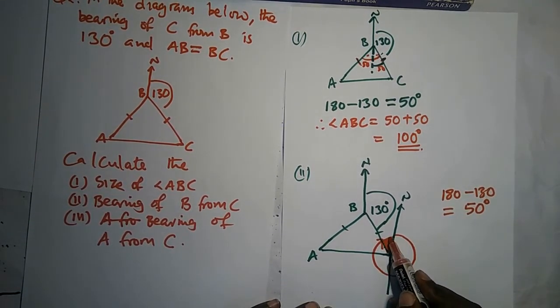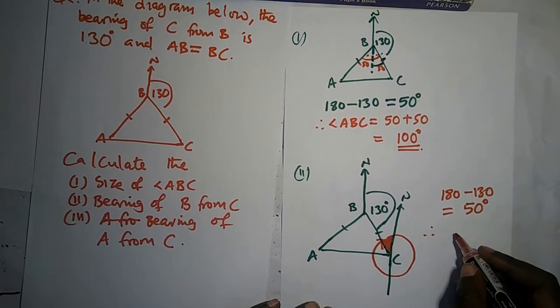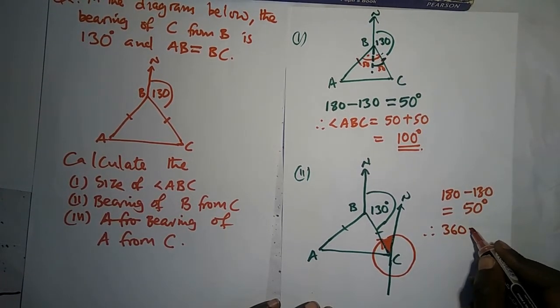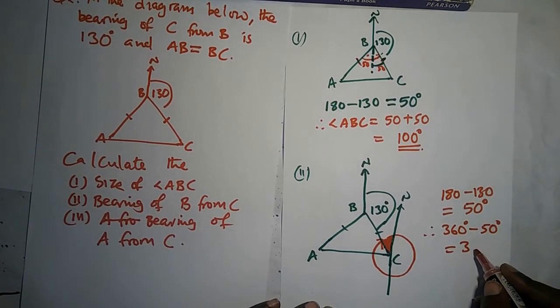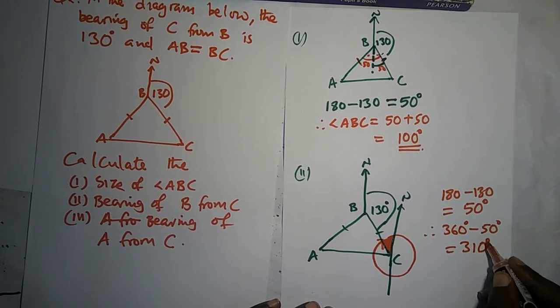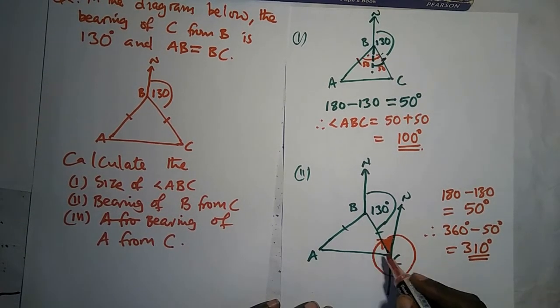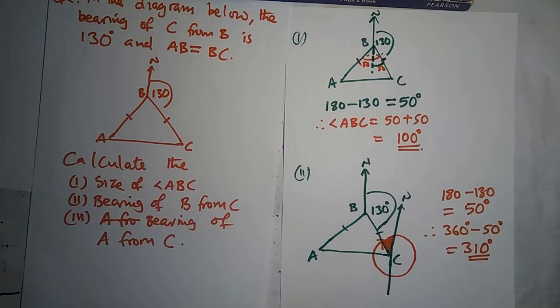So this angle that I've shaded red here is 50 degrees. So therefore, the bearing is going to be 360 minus 50 degrees, which is going to give us 310 degrees. So the bearing of B from C is 310 degrees.